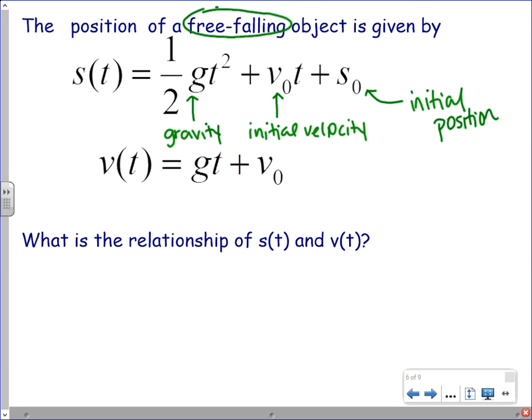Eric is asking, is the velocity the derivative of position? Yeah, it is. That's cool, right? The velocity is a derivative of position. It's the instantaneous rate of change of the position, right? Velocity is a rate of change. We're talking about the instant distance is changing over time.